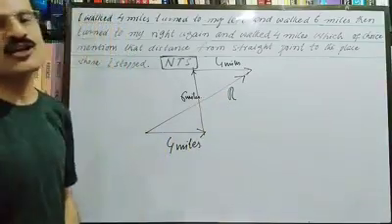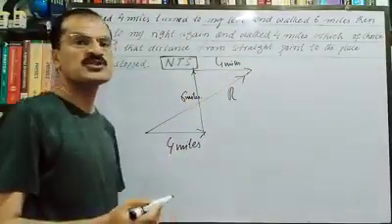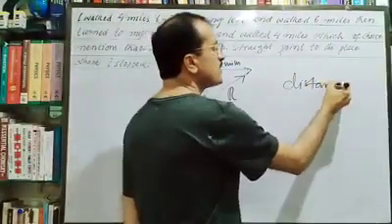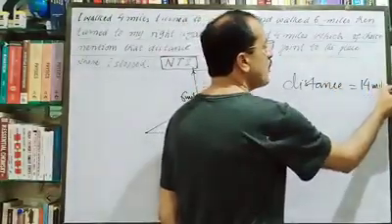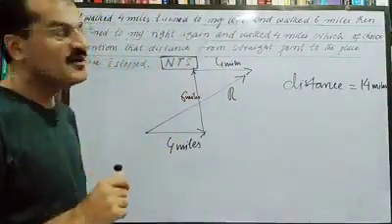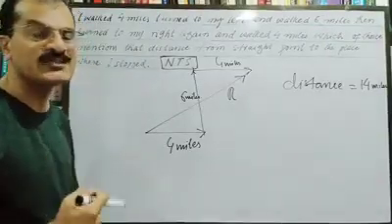If the distance was asked, then 4 miles plus 6 miles plus 4 miles, the distance is equal to 14 miles, which would be the correct answer. But now distance is not asked, you have to determine the value of displacement.